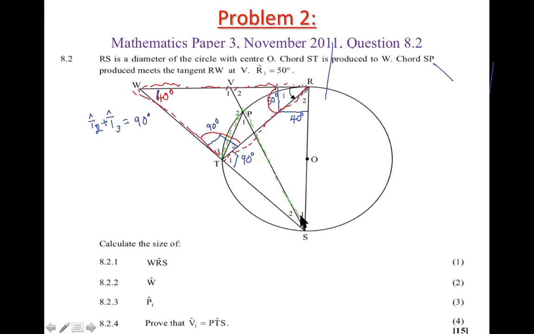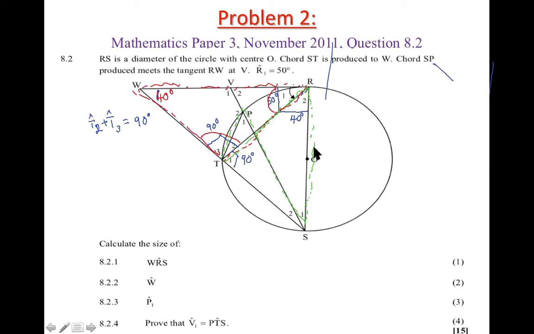If you look at this bow tie, the top here, P1 is equal to R2. And then T2 here must also be equal to S1. That is what we need to remember.